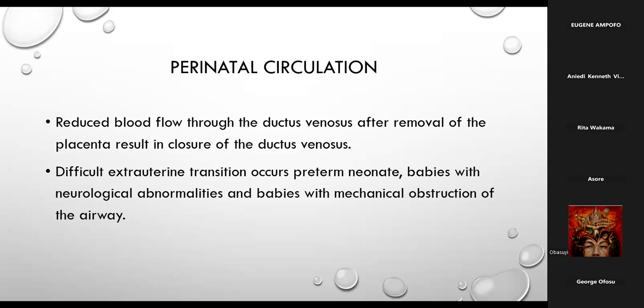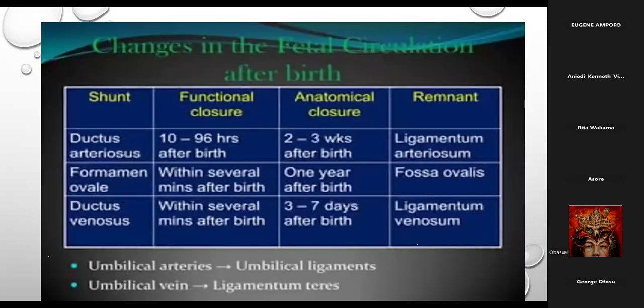Babies that have mechanical obstruction in the airway, like meconium or developmental abnormality, may encounter difficulty transitioning from fetal to perinatal life, mostly as a result of impairments in lung expansion and reduction of the pulmonary pressure.